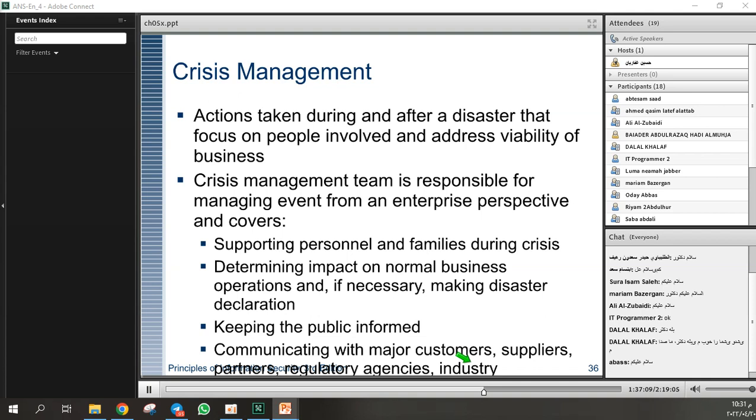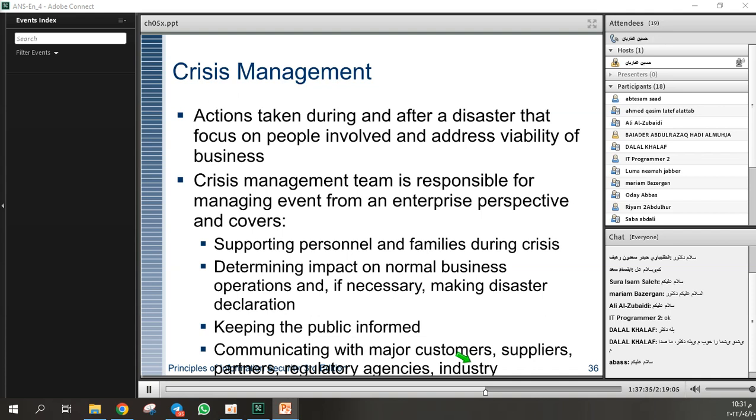Keeping the public informed and communicating with major customers, suppliers, partners, regulatory agencies, and other items. This is the responsibility of crisis management.